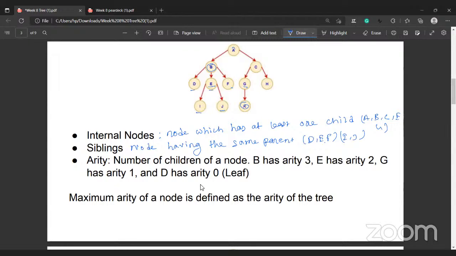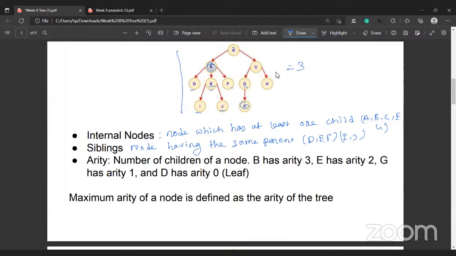One important point: the maximum arity of a node is defined as the arity of the tree. So the arity of the tree will be 3, right? B has arity 3, so the maximum arity of a node is 3. So this tree's arity will be 3. Everyone got it? What is the arity of the tree?